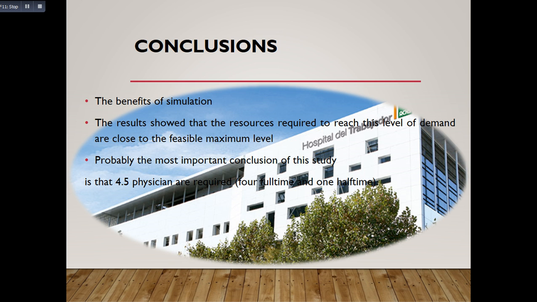The second thing is that the resources required to reach this level of demand are close to the feasible maximum level. And probably the most important conclusion of this study is that 4.5 physicians are required in the system, which means 4 work full time and 1 works half time.